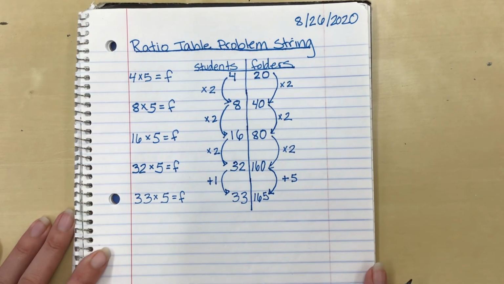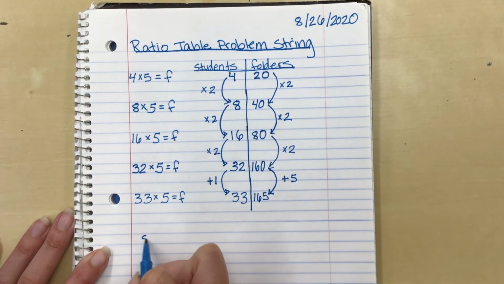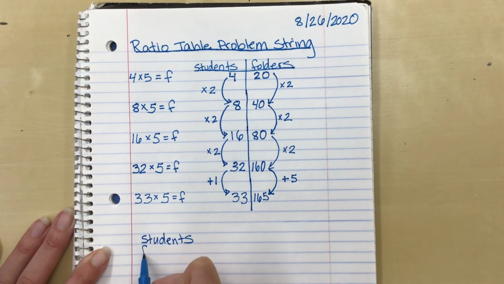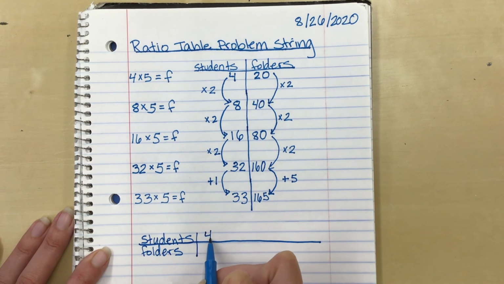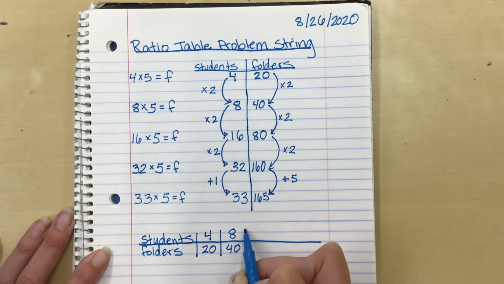I also want to show you that ratio tables don't have to be like this. They can also be like this, with students and folders. And it could be like so. So then for every 4 students, you have 20 folders. For every 8 students, you have 40.